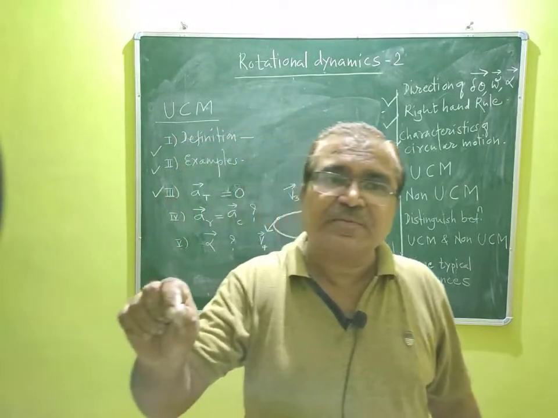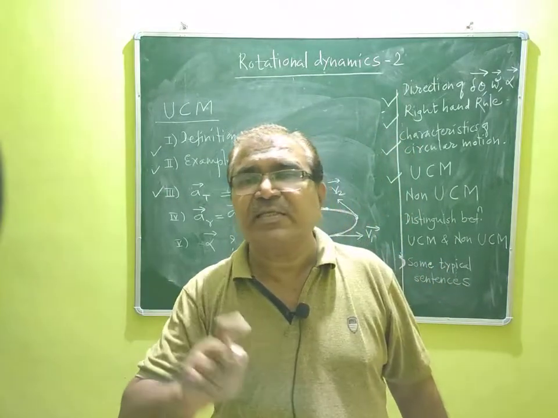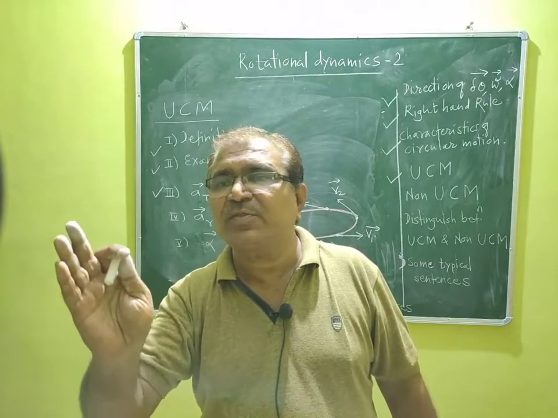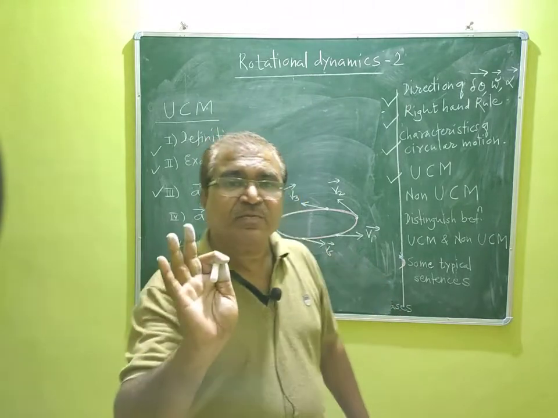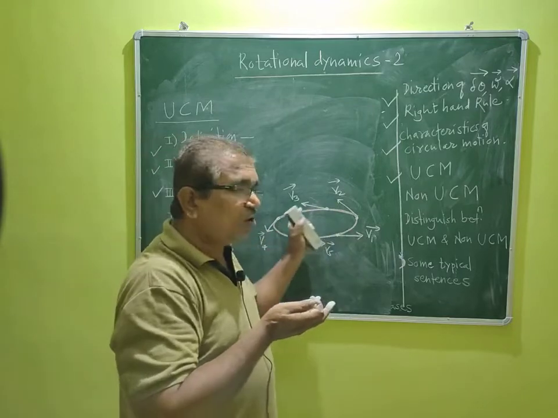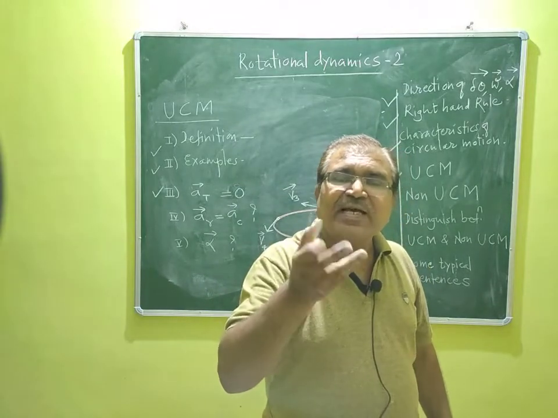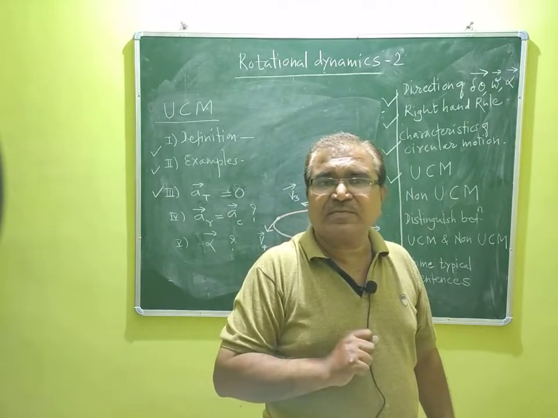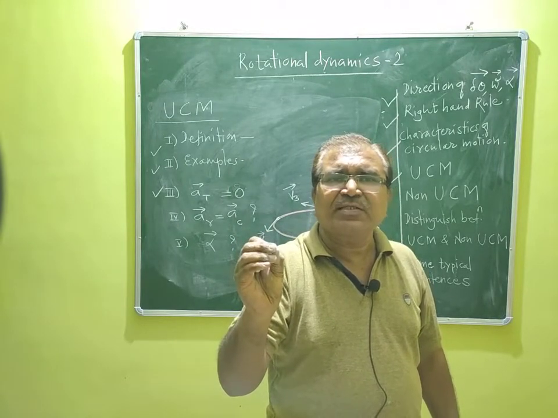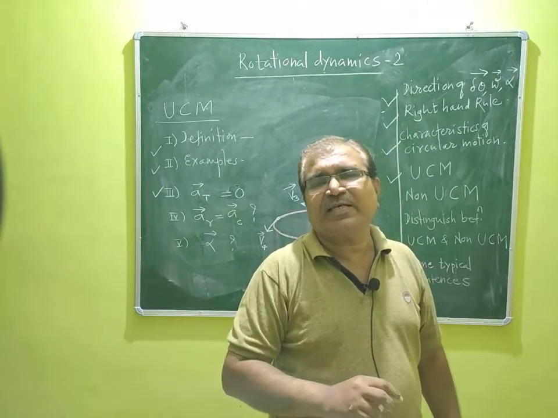Radial or centripetal acceleration depends upon the change in direction of the linear velocities. Though the motion is uniform circular motion, at every position of the particle the direction of the linear velocity changes, and because of this change in direction, there is a centripetal acceleration, a radial acceleration.